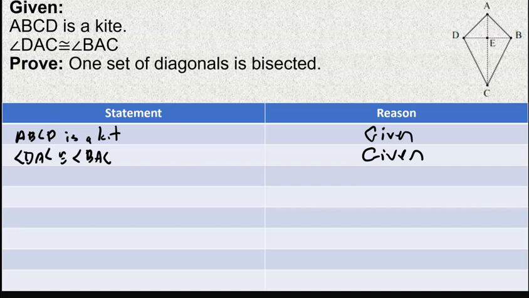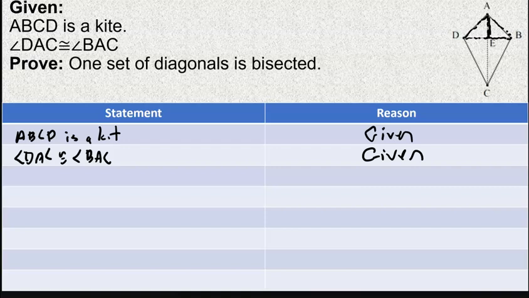I don't need to prove the big triangles here. I can prove these small triangles here. Then, from there, show that DE and BE are congruent.